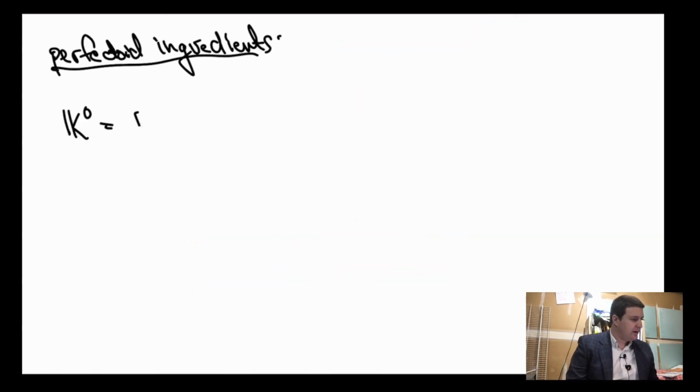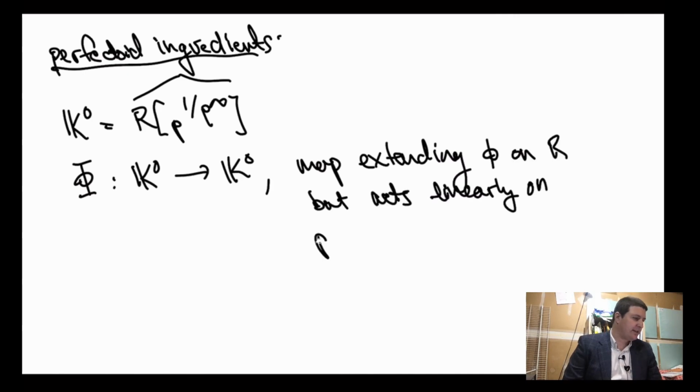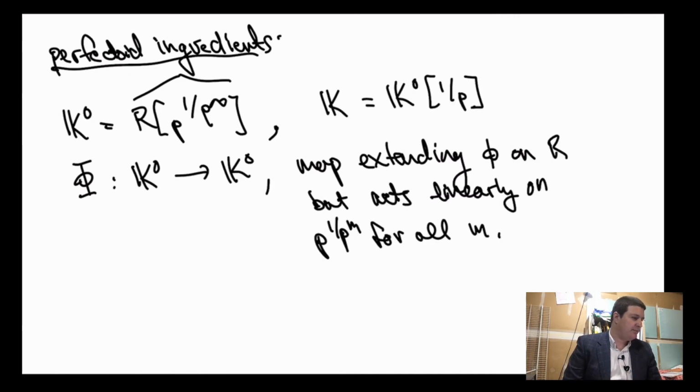Okay, and so the perfectoid ingredients here are, well, there's this ring that we all know now, which is you take pth powers and pth roots of p, and then you join infinitely many of them.